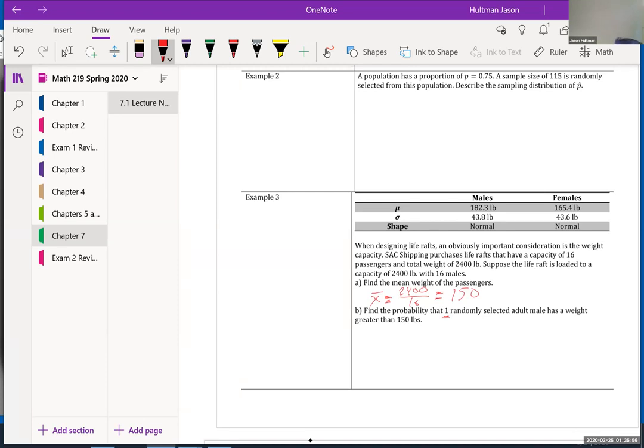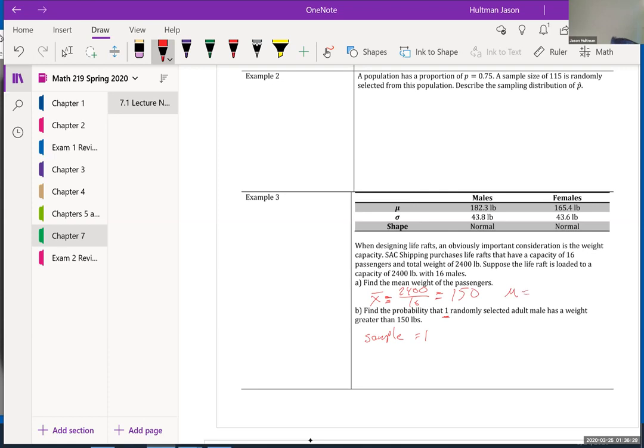So what's the sample size? Sample size is 1. That's it. And so what's the population? What's mu for males?